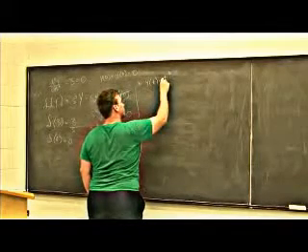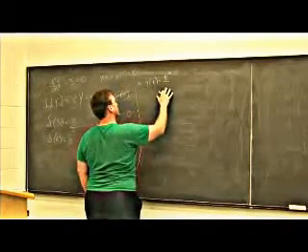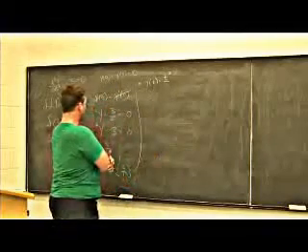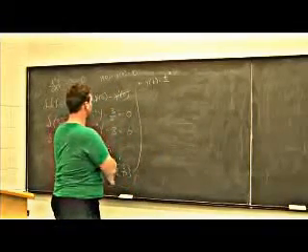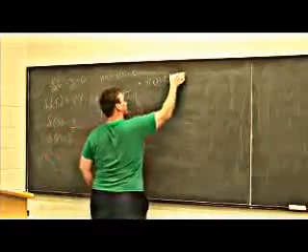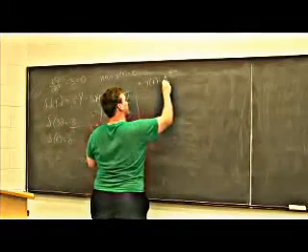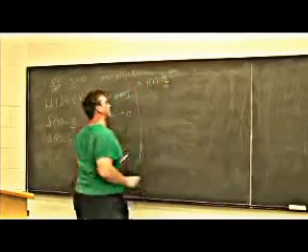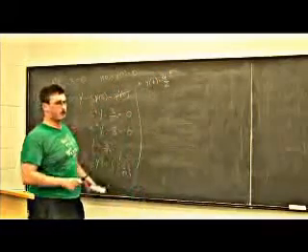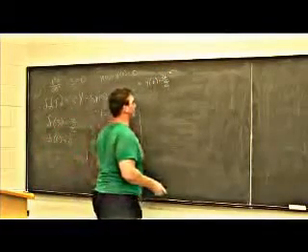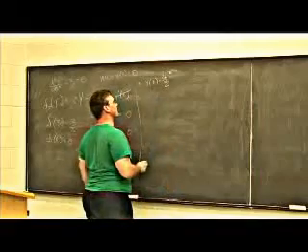t squared over 2 times 3. And again, the reason the 2 came from is because of the definition for polynomials.